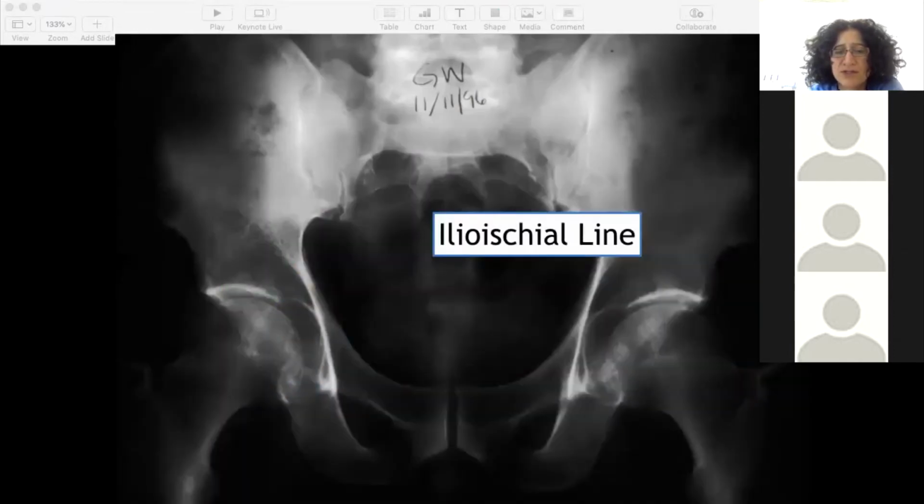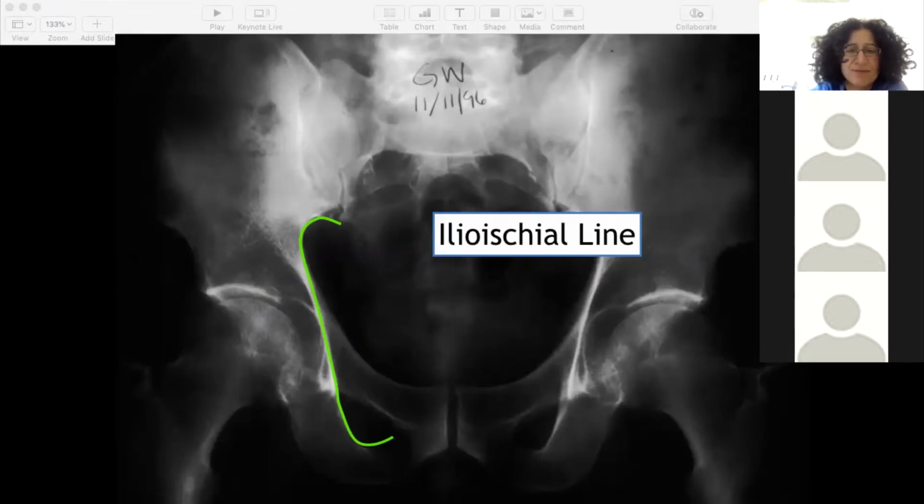Okay, ilioischial line, as Dimitri says, represents what? The posterior column. Posterior column, great.